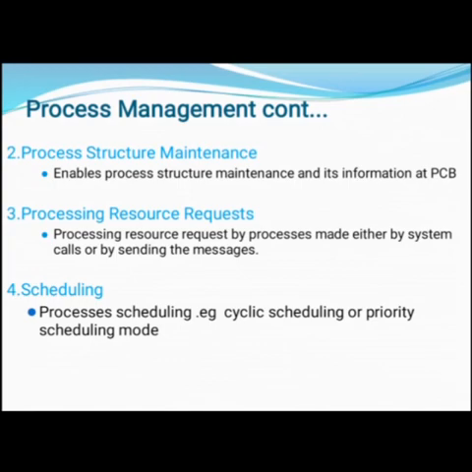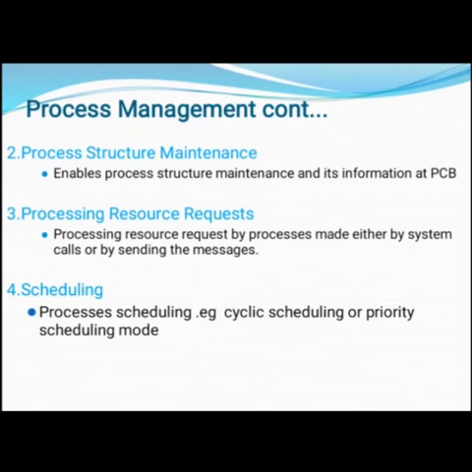The second process management function is process structure maintenance. This enables process structure maintenance and its information at the process control block. The third process management function is processing resource request.